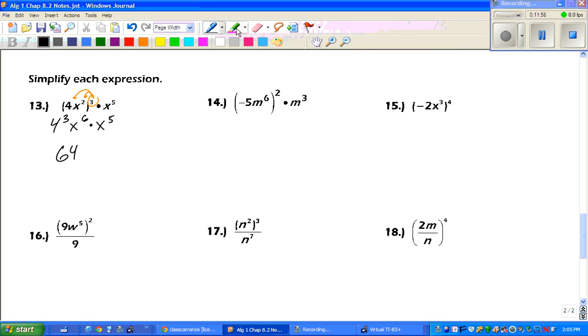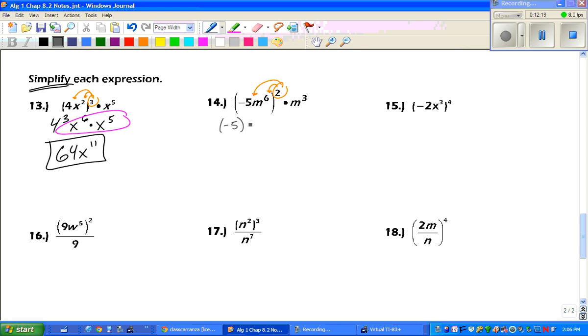So we get 64. And then we would combine the x's right there to get x to the 11th. Okay? Remember, we're trying to make these simpler, easier to read, easier to understand. Okay? So we would distribute first.